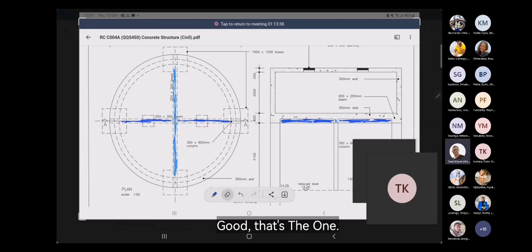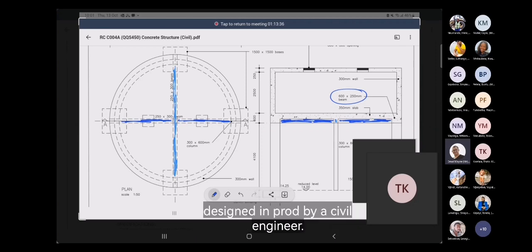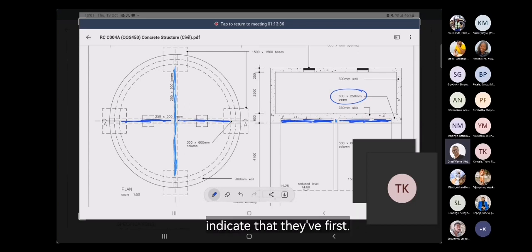Okay, that's the one. The next thing that I look at, I noticed a 600 by 250 beam. Now remember that this drawing was designed and drawn by a civil engineer. And the civil engineers or structural engineers, they always indicate the depth first. So don't forget that.